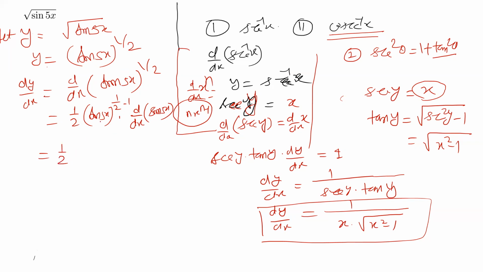1 by 2 sin 5x power 1 by 2 minus 1, you will get sin 5x power minus 1 by 2. Then the derivative of sin 5x gives cos 5x into the derivative of 5x. So 1 by 2 sin 5x power minus 1 by 2, you can also write this way: if you make it a positive power, you take its reciprocal.